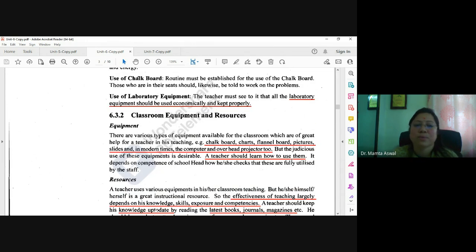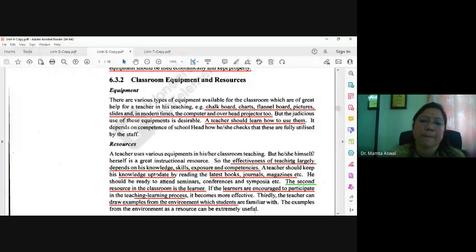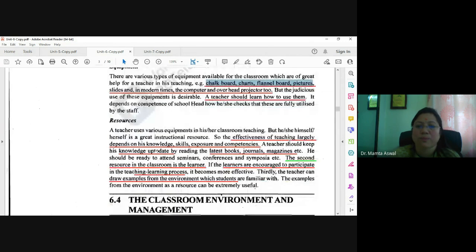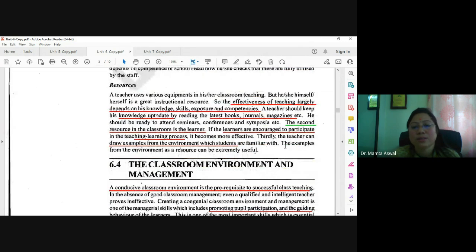Making use of chalkboard and laboratory equipment. Then what are the classroom equipment and resources inside the classroom? Chalkboard, charts, flannel board, pictures, computers, overhead projectors, etc. are the equipment. What other resources can be utilized? Latest books and journals can be kept.